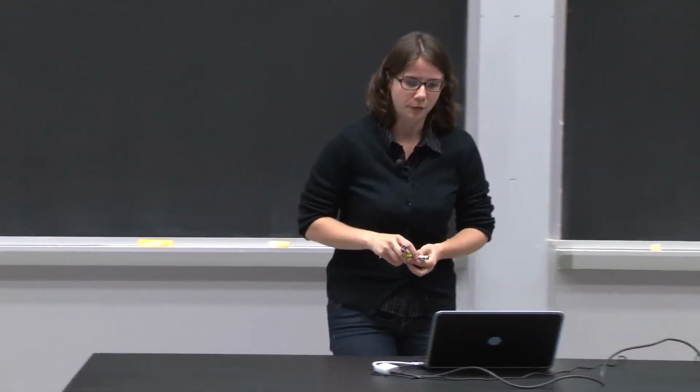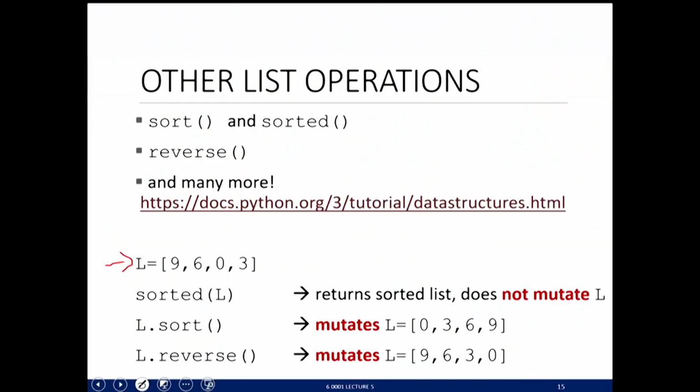So if I have this list L equal to [9, 6, 0, 3], sorted(L) gives you back the sorted version of L. It returns a new list that's the sorted version of the input list, and does not mutate L. So it keeps L the exact same way.